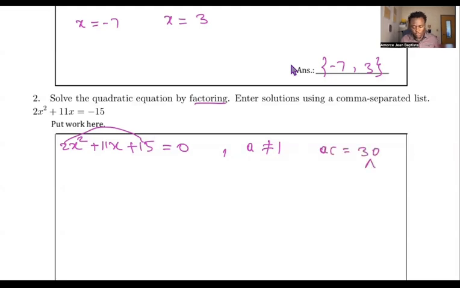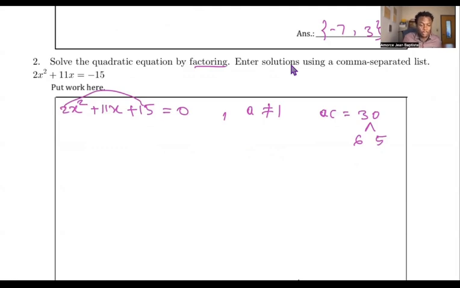Now, two factors of 30 whose sum is 11 are 6 and 5. So I'm going to break down the middle term 11x as 6x plus 5x. So we have the equation in 4 terms now: 2x squared plus 6x plus 5x plus 15 equals 0.